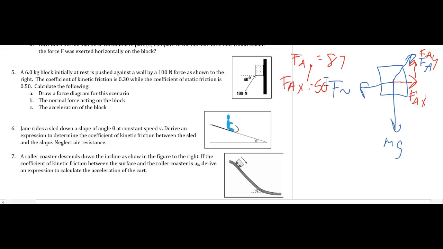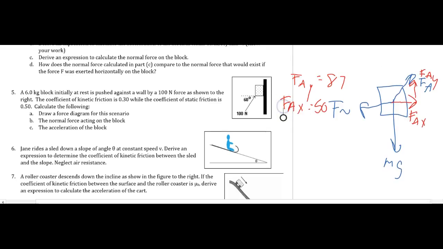Okay? So if you do those, then you can see if you need friction or not. So if we looked at this, it is going to be in the y direction. Force applied in the y minus gravity equals ma. So this we said was 87 minus the force of gravity. For this one, what's the mass?